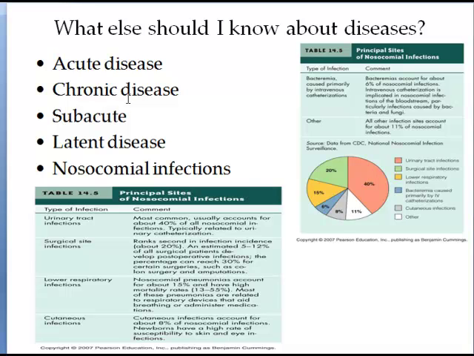Another term is a latent disease. A latent disease is one in which the causative agent remains inactive for a very long time, but then becomes active to produce symptoms of the disease. We discussed this earlier too: chickenpox can cause shingles because the virus has been residing in the nerve cells for a very long time.